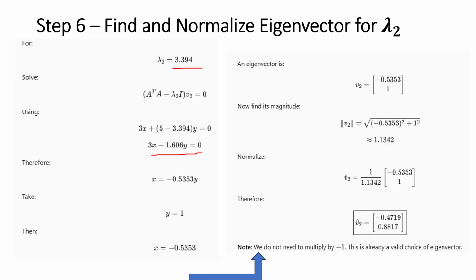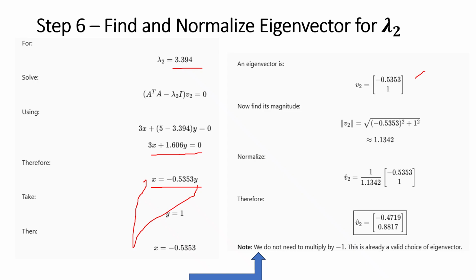So keep 3x here, 3x is equal to minus 1.606y, again x is equal to minus 1.606y by 3. So on solving it, you will get x equal to this. So what is the value of y? y will have the coefficient here, that is 1, right? So y is equal to 1 and x is equal to minus 0.5353.